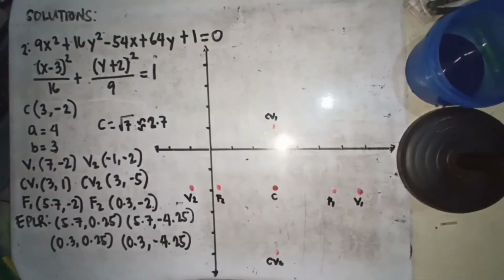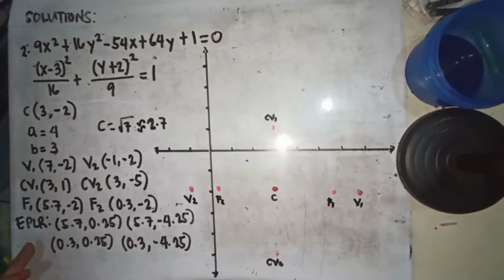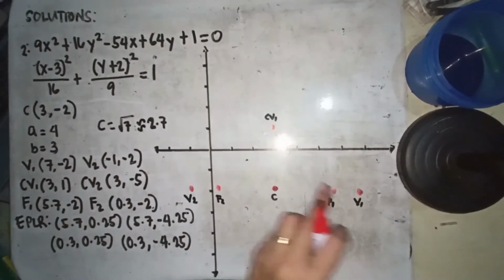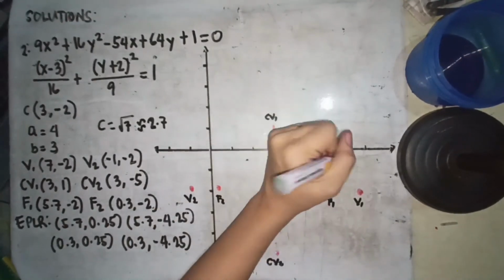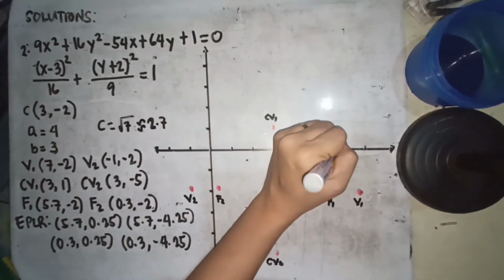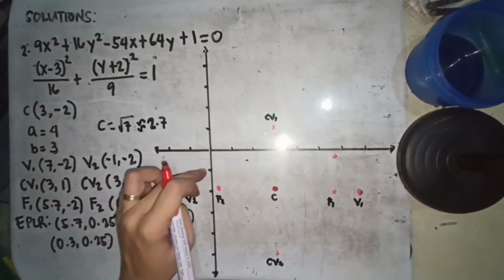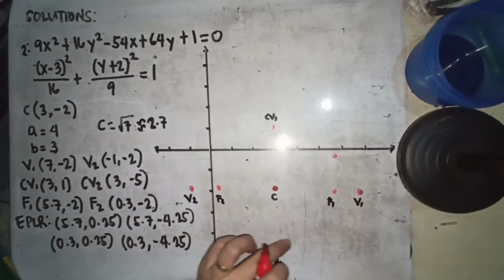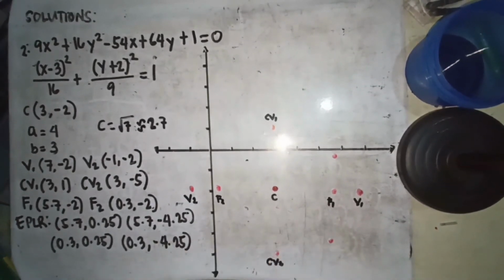We also have our EPLR, or endpoints of our lateral recta. We have 5.7 and 0.25. So 5.7 and 0.25. It's almost 0, so approximately here. We also have 5.7 and negative 4.25. We have 1, 2, 3, 4, and it's slightly past 4. So here, approximately.